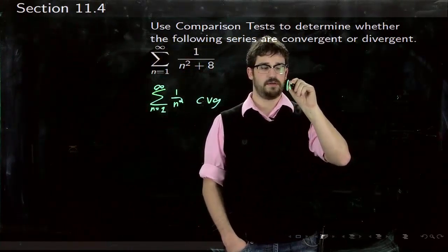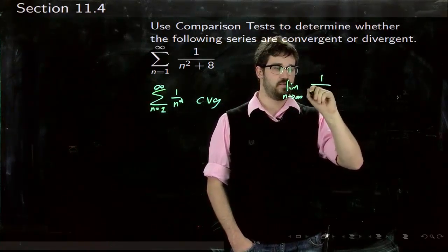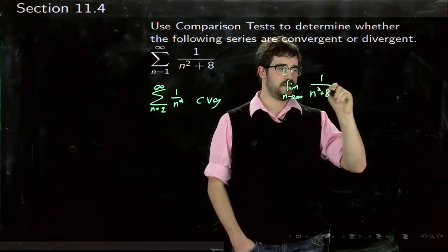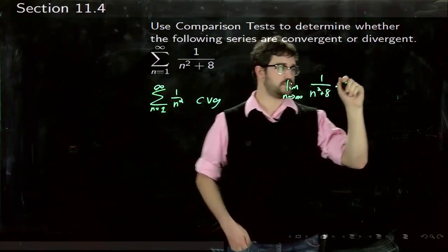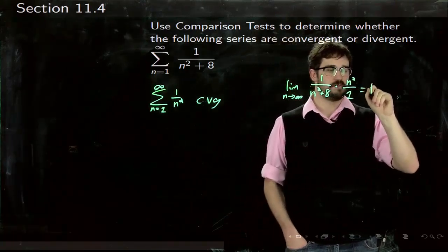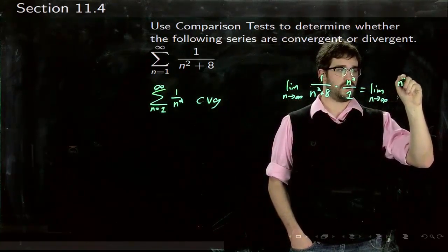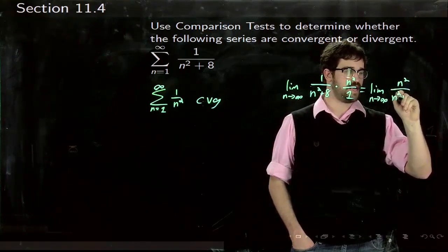Now let's just do the part of the limit comparison test. We take the limit as n goes to infinity of 1 over n squared plus 8 times the reciprocal, so n squared over 1, which is just going to be the limit as n goes to infinity of n squared over n squared plus 8.